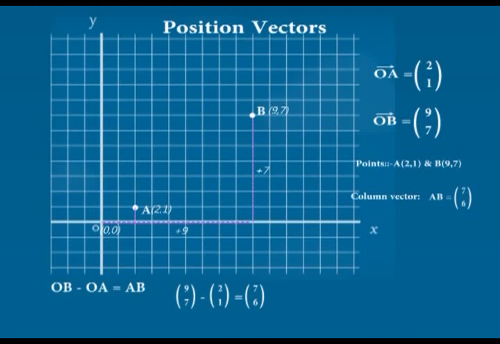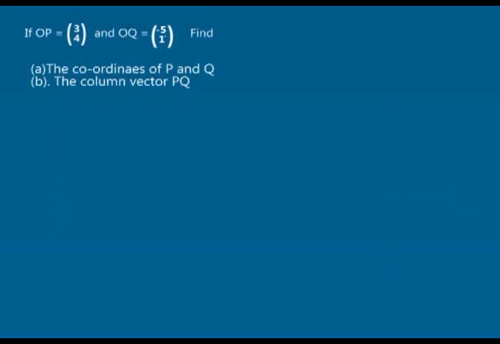An example: if OP is equal to (3, 4) and OQ is equal to (-5, 1), find A, the coordinates of P and Q, and B, the column vector PQ. In the solution, OP and OQ are position vectors of points P and Q respectively, and so their coordinates are rather direct.